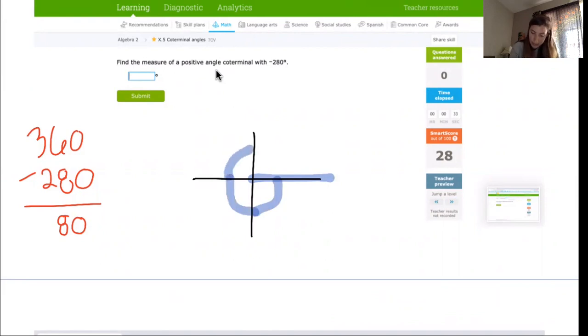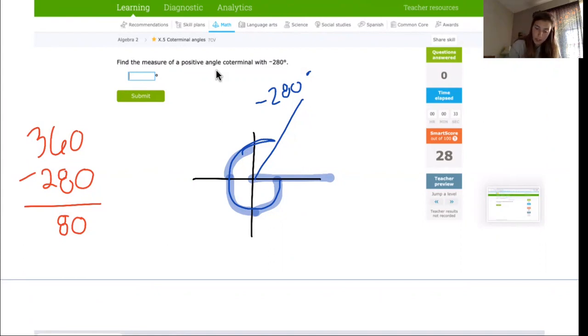That's negative 270. And it's a little bit more than that. So this whole thing is negative 280 degrees.